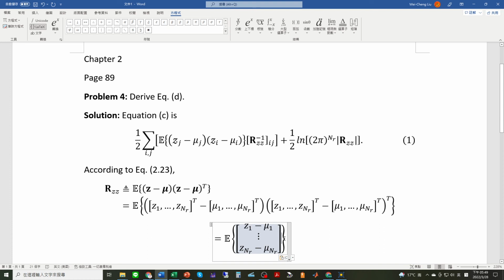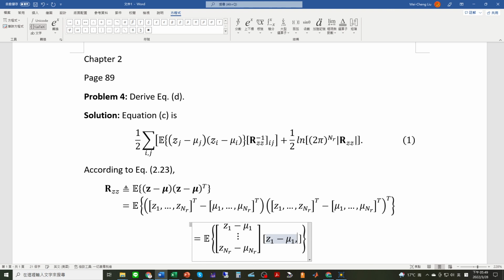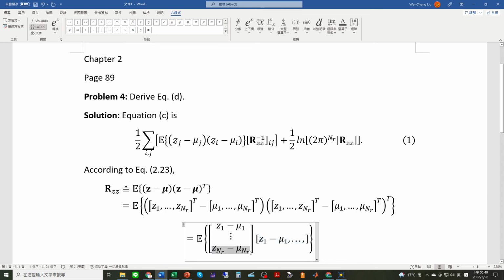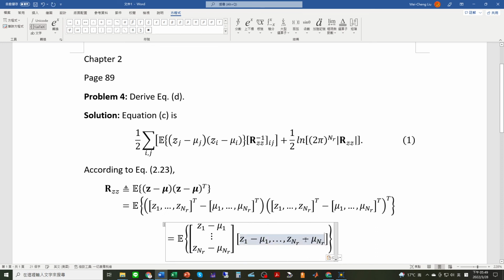And this vector obviously is a row vector. So I need a bracket again, and z1 minus mu1, and comma, dots, and znr minus mu nr.